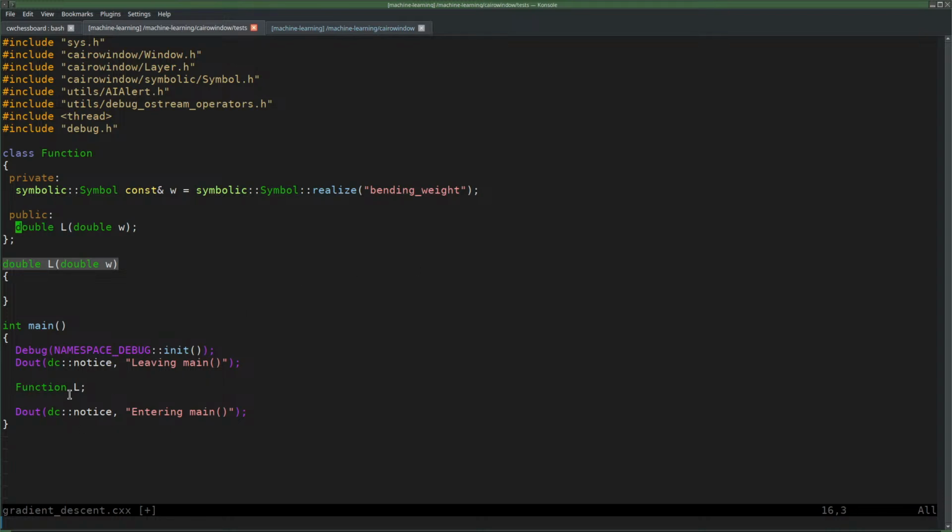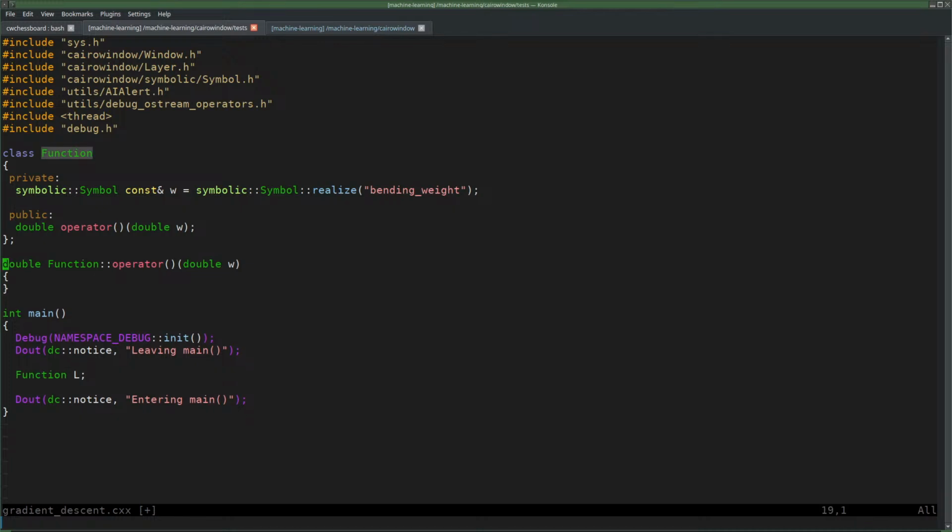Since this thing is called L, let's now call it an operator. No, I should call it a functor instead of a function. But it represents my function. I'll call it function.